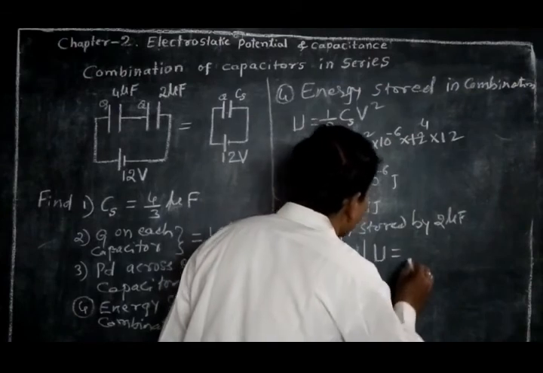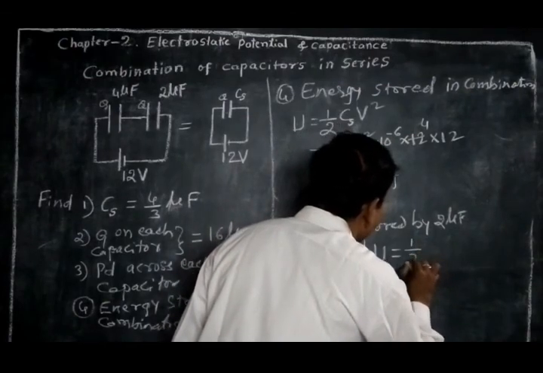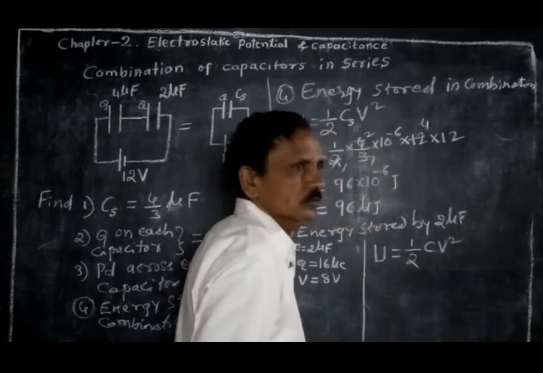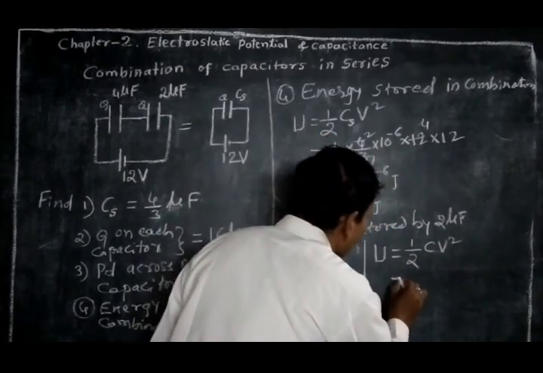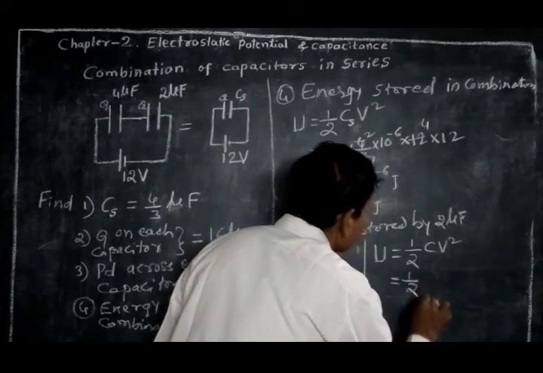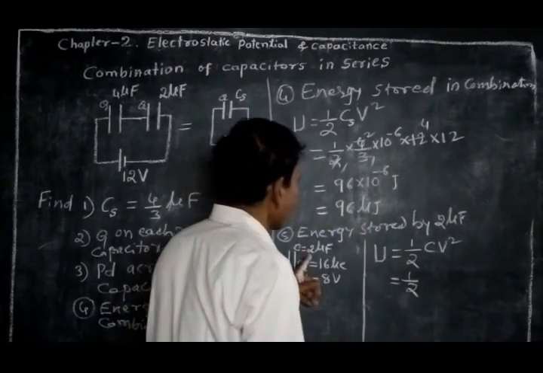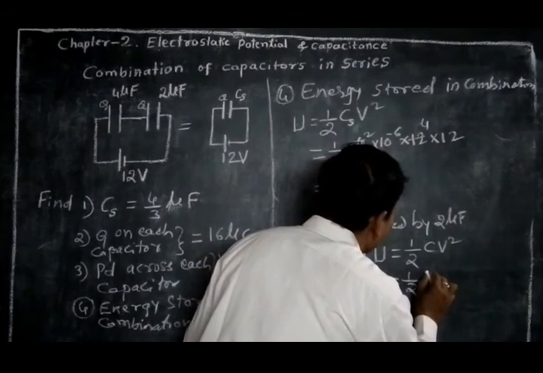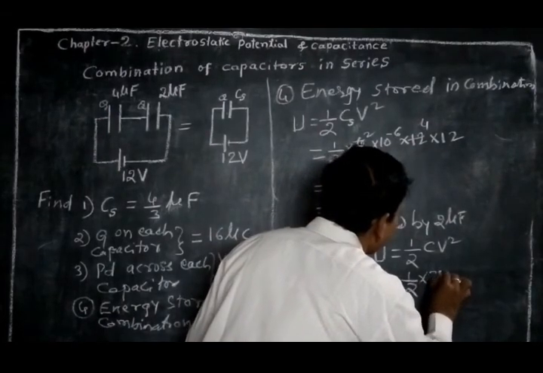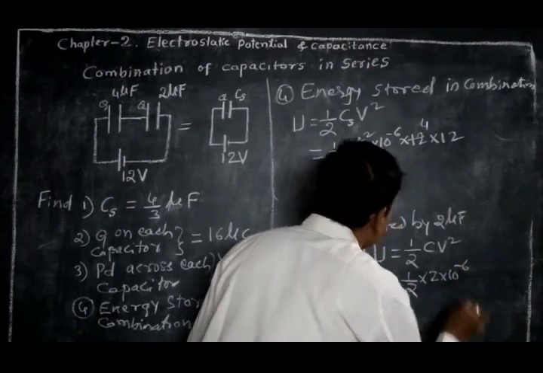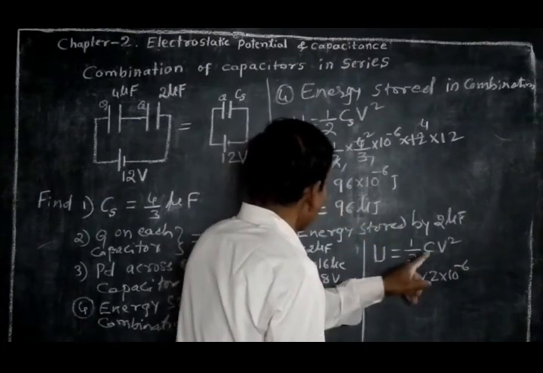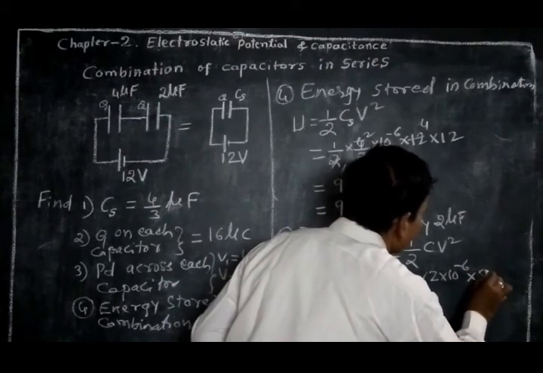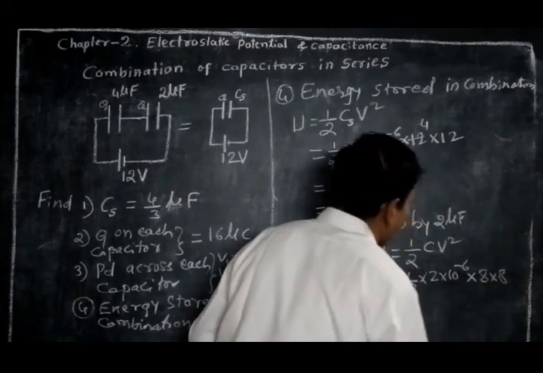Therefore, we use here half CV square, that is equal to 1 upon 2 into 2 into 10 raised to minus 6 farad into V square, V is 8, so 8 into 8.